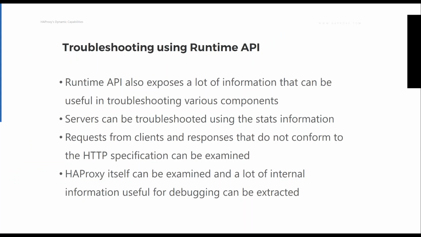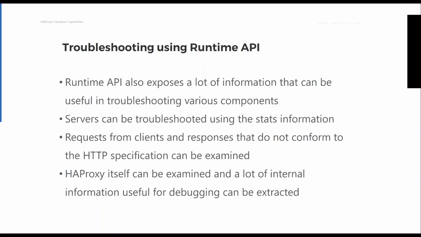You can also use the Runtime API to troubleshoot. So the Runtime API exposes a lot of information, as we've seen before, using the show info, the show stats, but there is also some other stuff like show errors. Show errors is a very convenient command that will allow you to inspect any errors in the protocol level of HTTP.